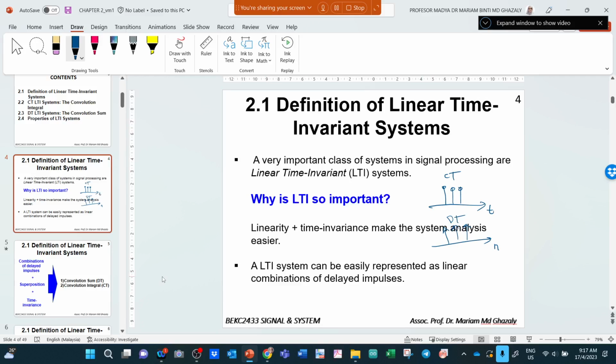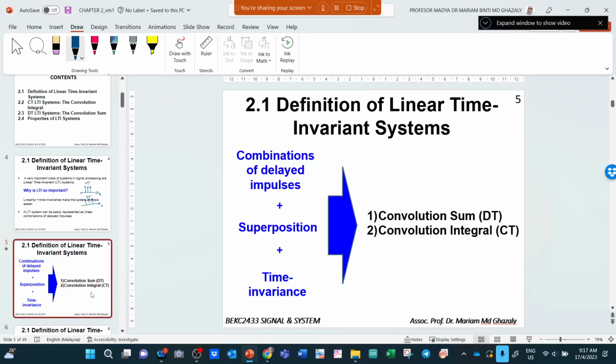We are going to use that concept, and by shifting the pulses, you might not understand now, later I will show an example. So by shifting the pulses or the easiest signal, you are going to get the output. So the linear time invariant system is a combination of delayed pulses. All of it has the shifting of pulses, superposition and time invariance.